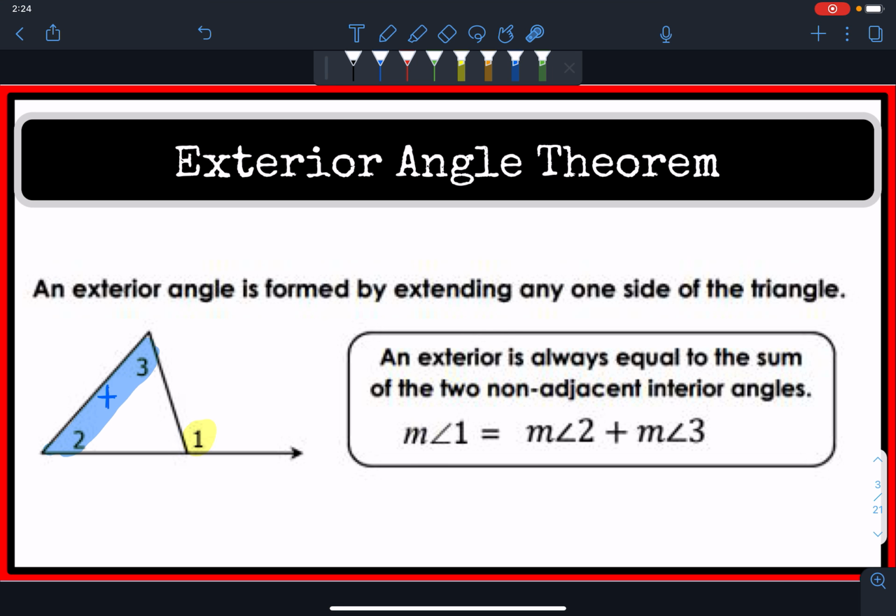So for example, this angle up here is equal to, let's say, 80, and this angle down here is equal to 60. Then the measurement of this angle 1 will equal 120.